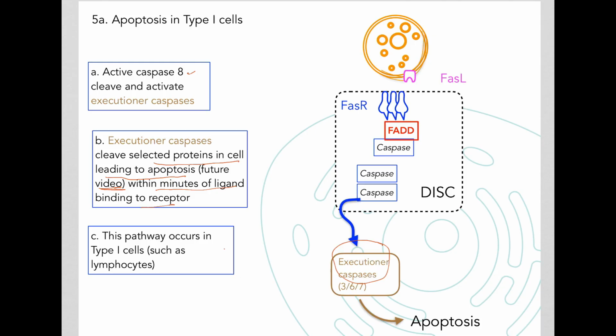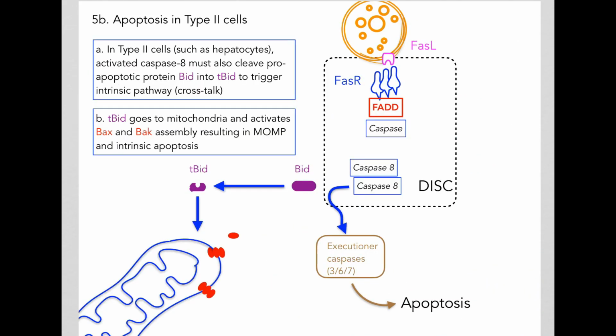And this is what we typically see in some cells, what we call type 1 cells, such as lymphocytes. Now in type 2 cells, for example hepatocytes, this active caspase 8, besides cleaving the executioner caspases, also has to do another thing. It will have to cleave the pro-apoptotic protein BID into tBID.